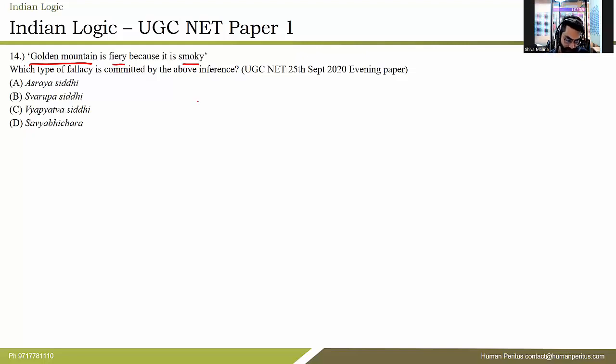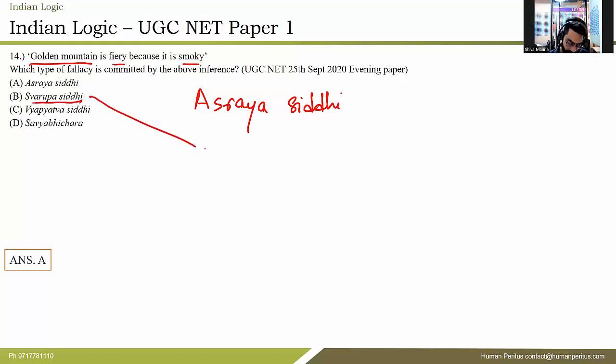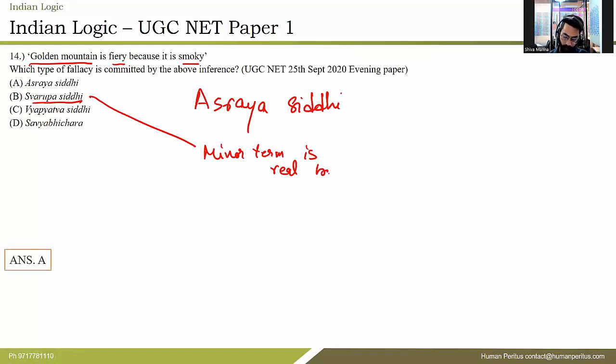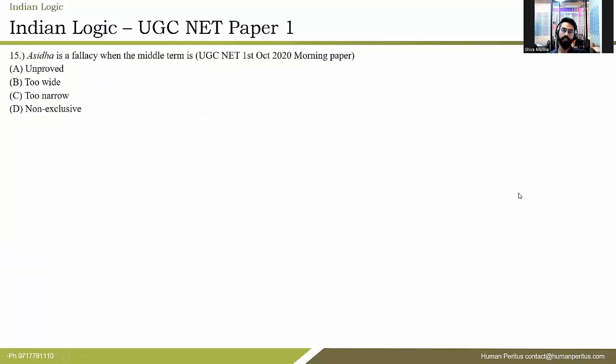So this type of fallacy is known as Asraya Siddhi. Asraya Siddhi. Okay. The other fallacy which they have given is Swarupa Siddhi. Swarupa Siddhi. In this, the minor term is real, but the middle term cannot be present.